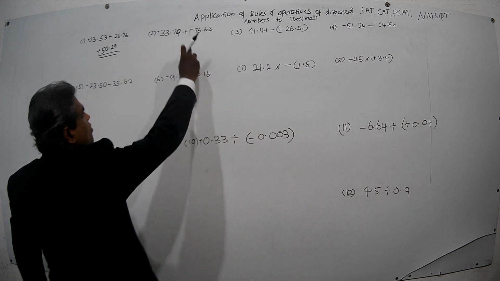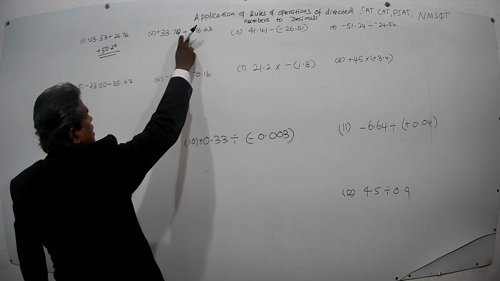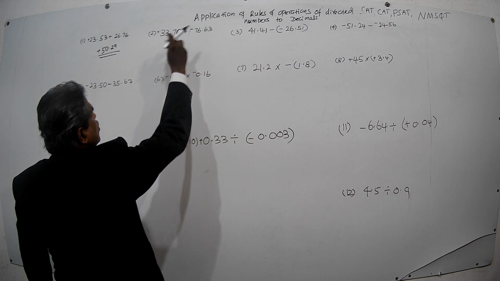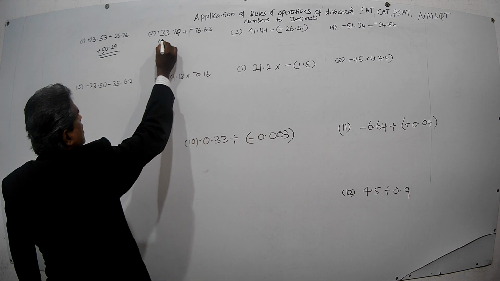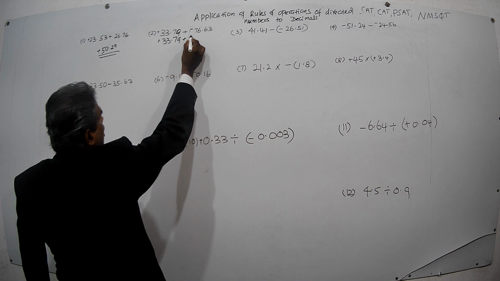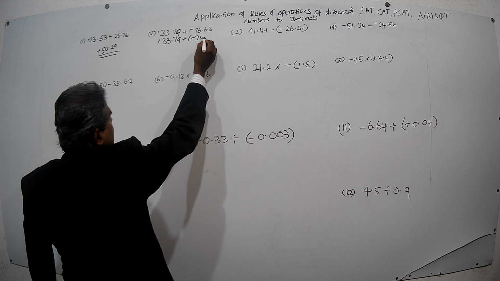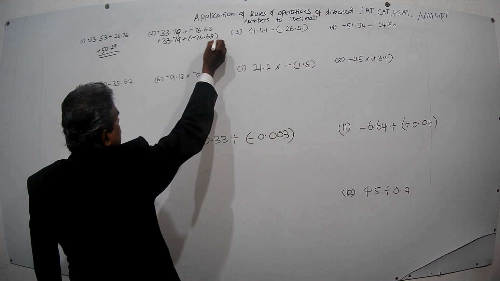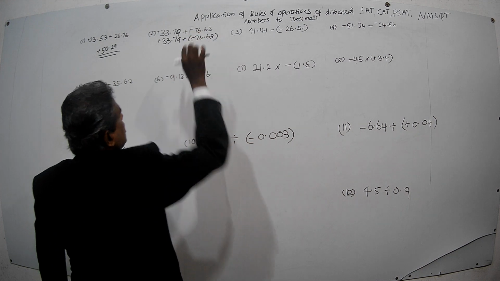Then you get here plus minus, these two signs together, you can put a bracket like this, plus 33.79 plus, then you can write this like this. This means nothing but this.